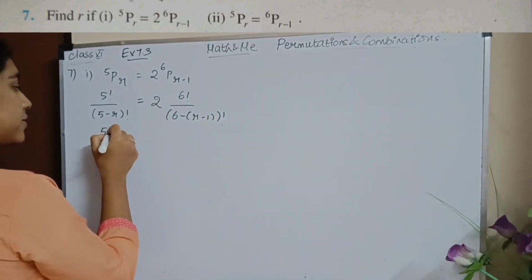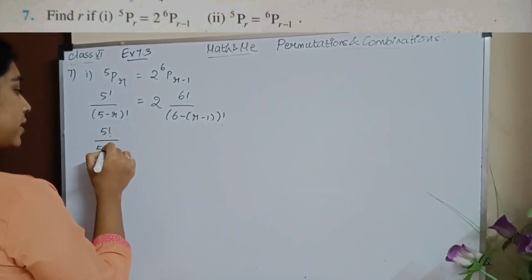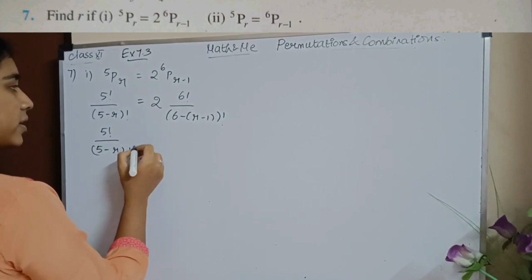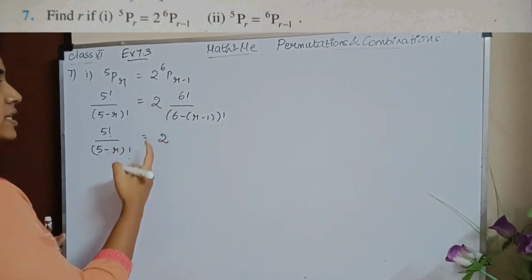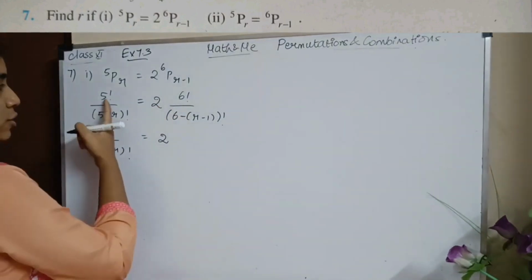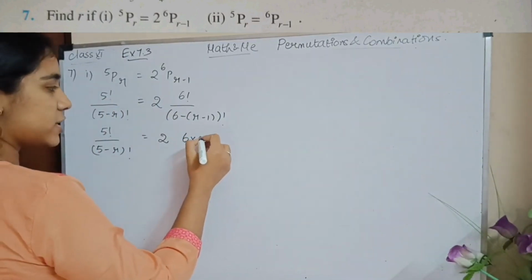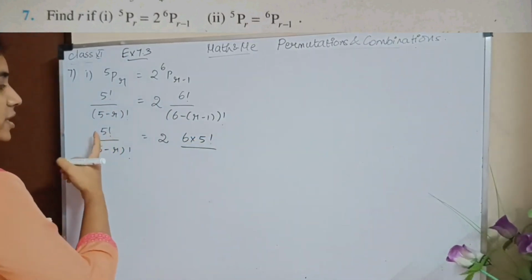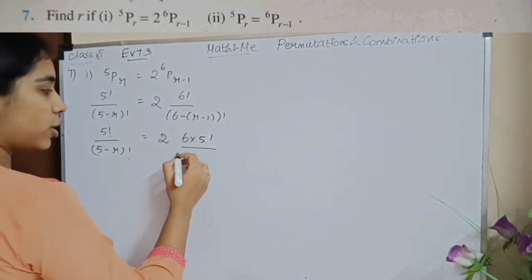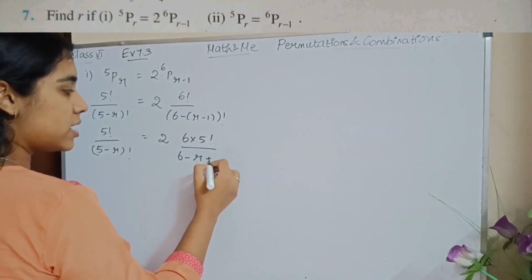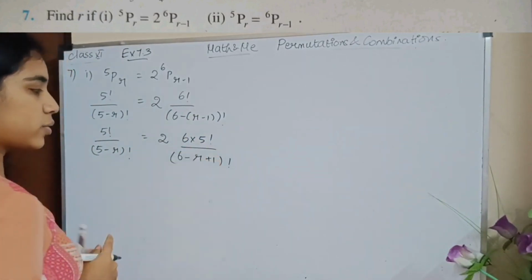Okay, 5 factorial divided by (5 minus r) the whole factorial equals 2 times 6 factorial, which we can write as 6 into 5 factorial, divided by, because I have a 5 factorial here, the denominator is (6 minus r plus 1) the whole factorial.